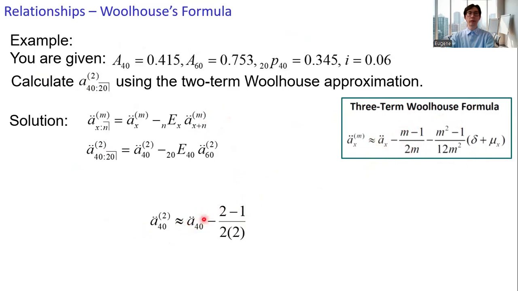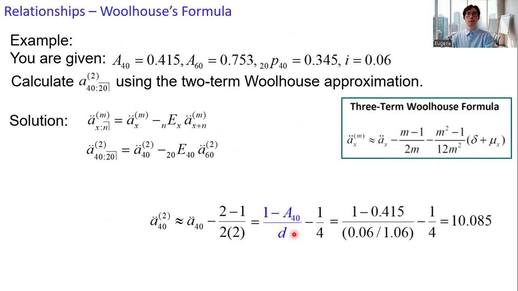We need the value for A double dot 40. Using the relationship, A double dot 40 equals 1 minus big A40 over d. And we get the approximation 10.085.